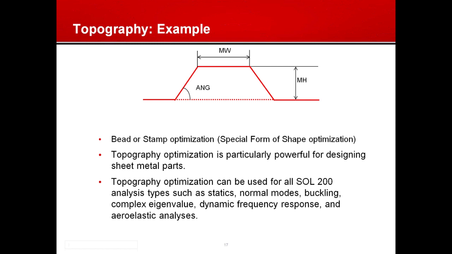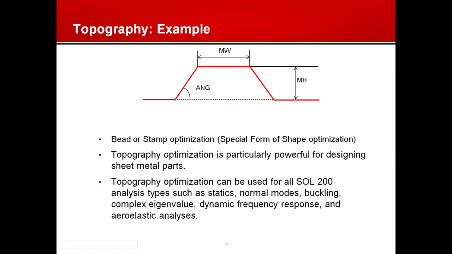The other form of optimization that is available in Nastran is topography optimization, a special form of shape optimization where a component that is initially flat like this, you permit certain elements to move up normal to the surface, and cause the shape change to meet your constraints and objective.